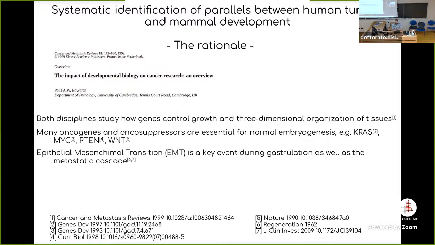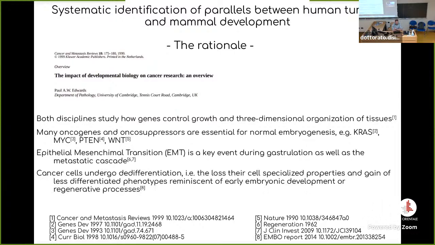On top of that, besides just genes, there are biological processes typical of normal development that are reactivated in cancer. For example, the epithelial to mesenchymal transition, EMT, is a key process identified in breast cancer, but also in several types of epithelial-derived cancer, as a way for cancer cells to metastasize to distant organs.